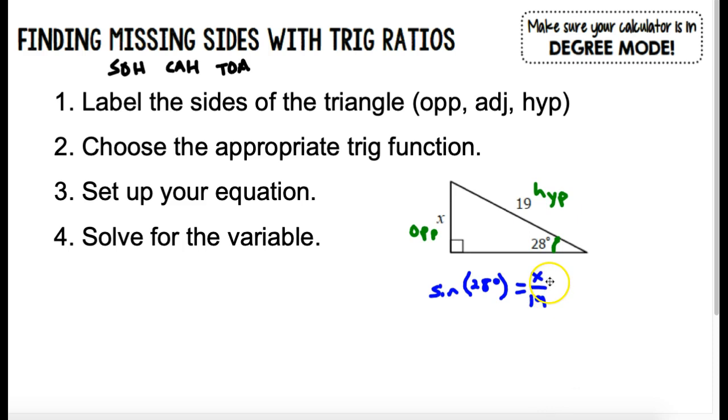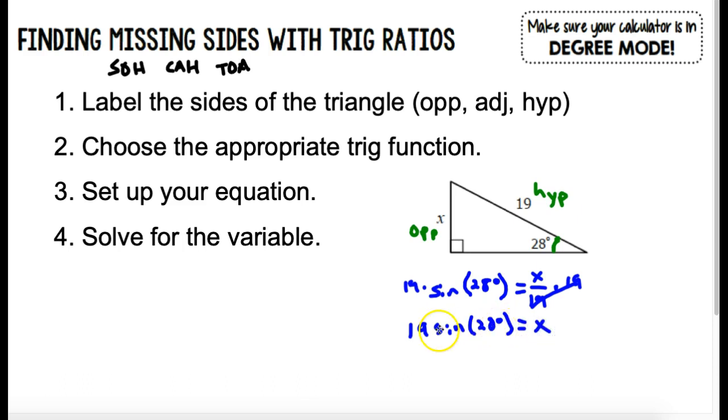If I'm dividing x by 19, to undo that, to get x by itself, I would just multiply both sides by 19. That'll cancel out the 19s over here, and we will just get 19 times the sine of 28 degrees equals x.